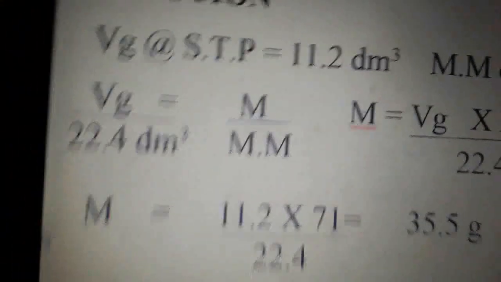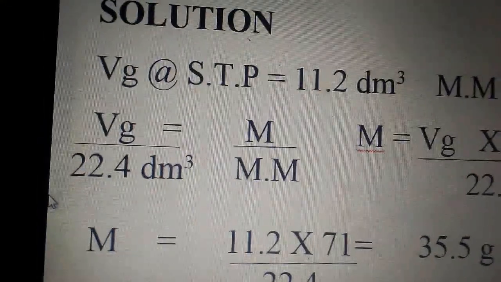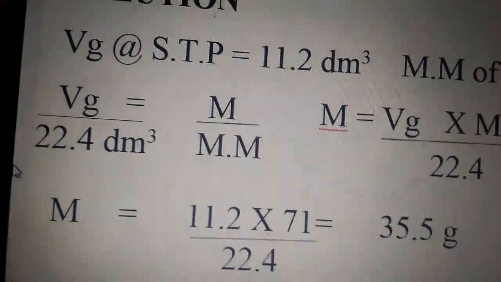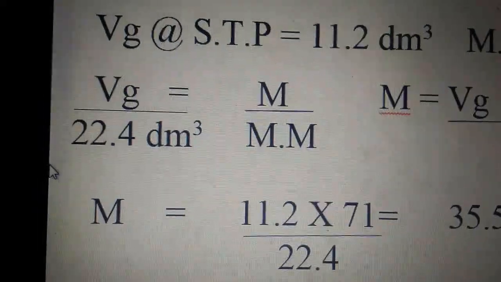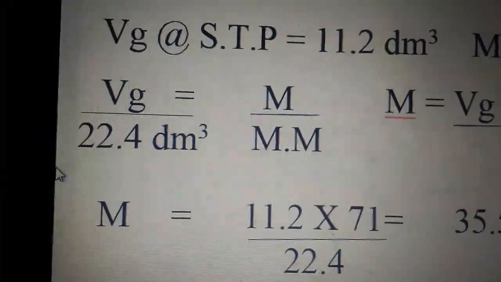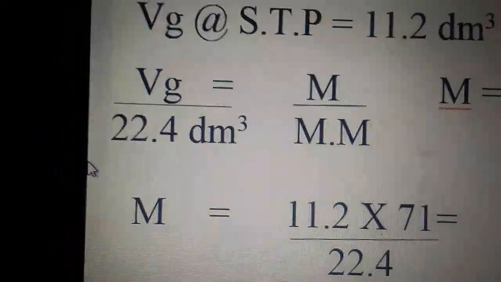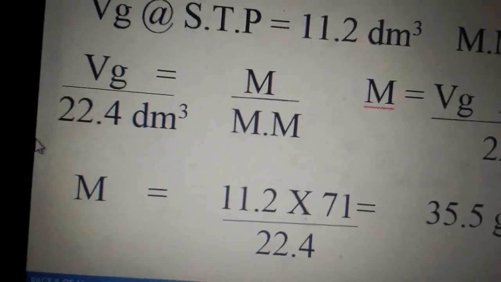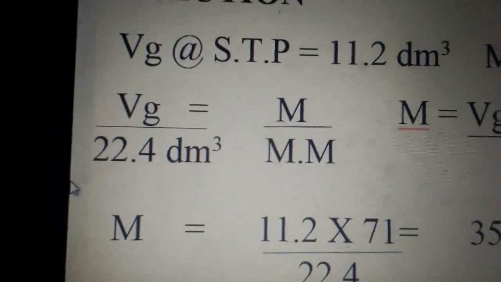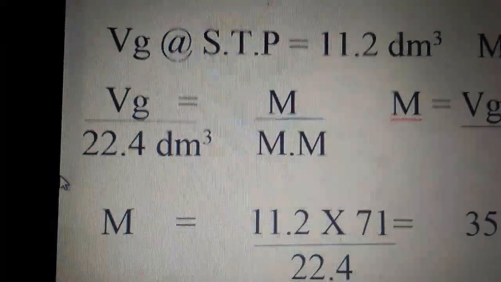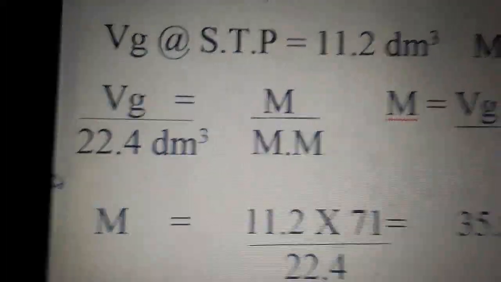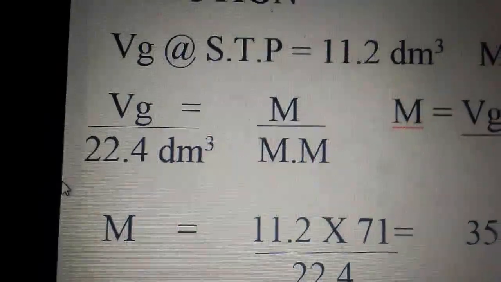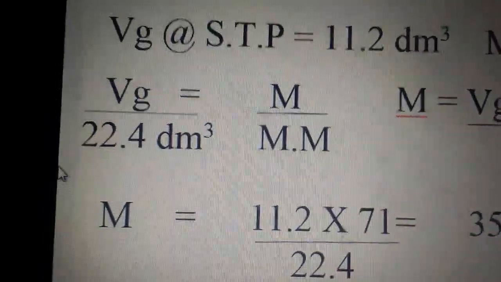Then we have volume, we have molar mass. The connectivity is there. The number of moles of a gas is given by volume of gas over 22.4, and also the number of moles of any substance is given by mass over molar mass or molecular mass. So that should be equation 8 or 9. Connect them together, and since we know everything here except the mass, we make mass the subject.